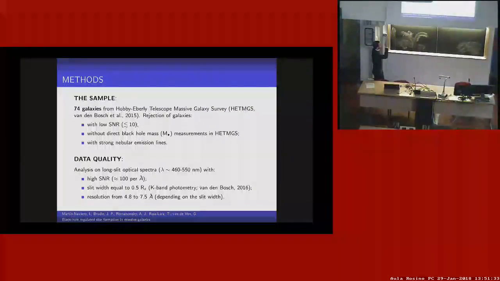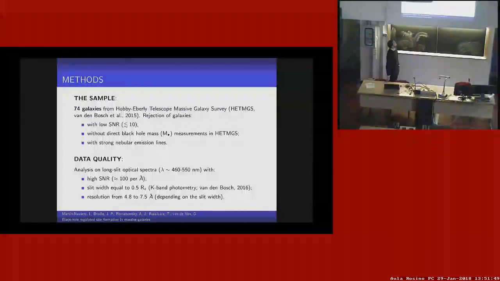After having rejected all galaxies with low signal-to-noise ratio, without direct black hole mass measurements, and with strong nebular emission lines, they ended up with 74 galaxies.